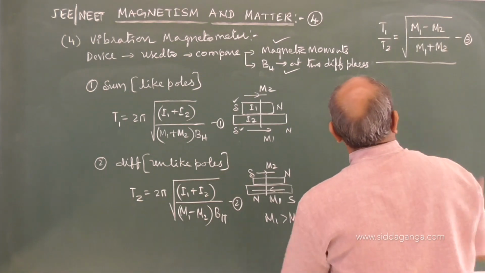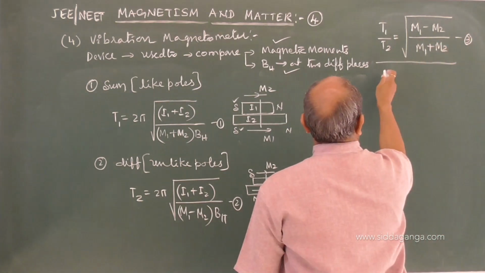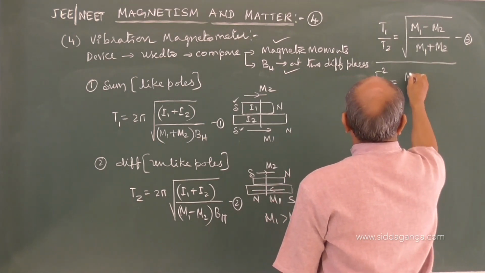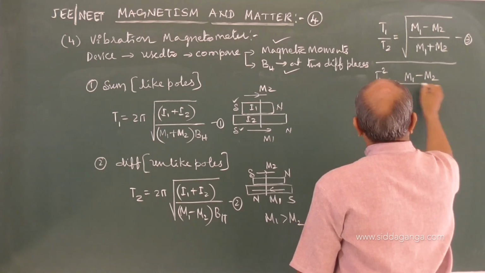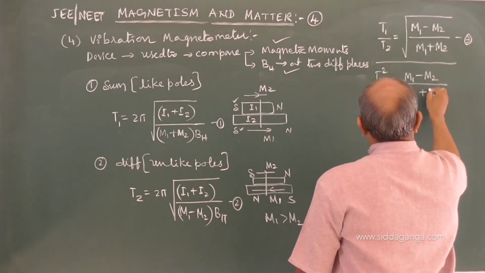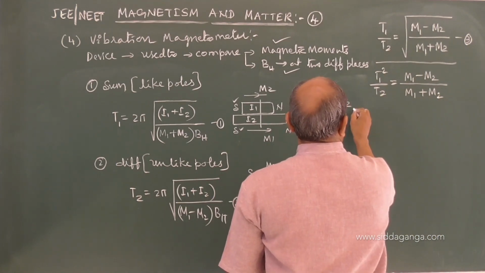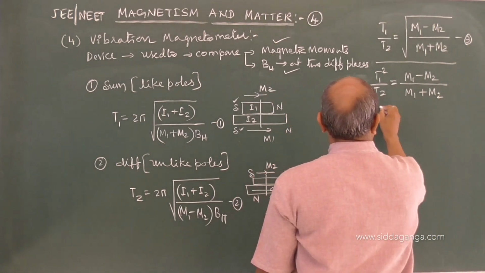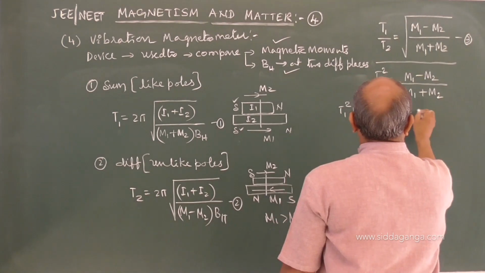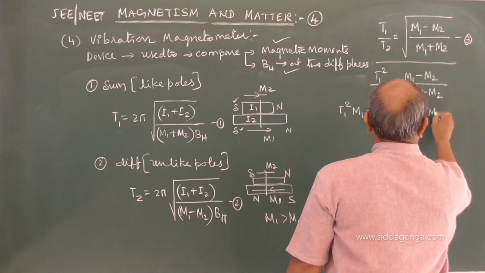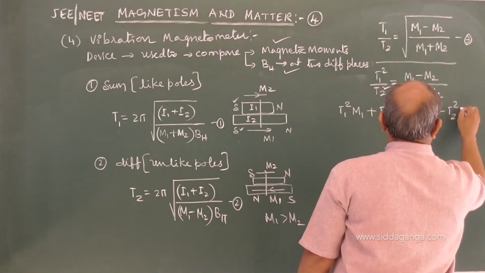Let us square that: T1 square by T2 square is (M1 minus M2) by (M1 plus M2). Cross multiplying, T1 square M1 plus T1 square M2 equals T2 square M1 minus T2 square M2.